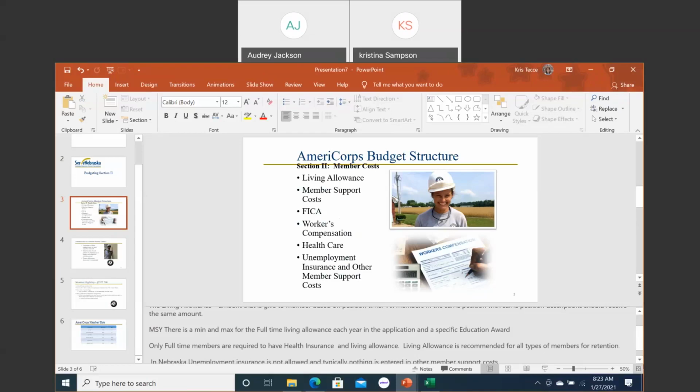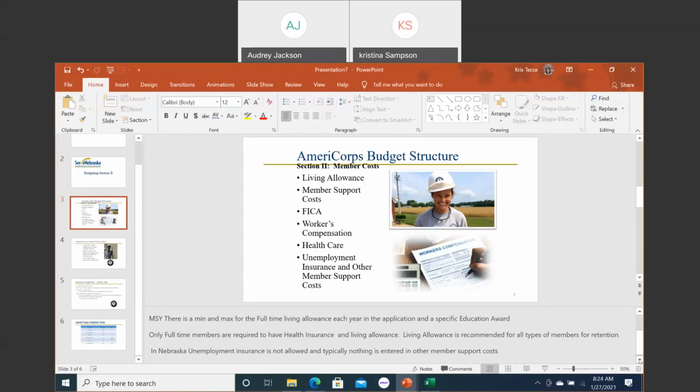So you need to make sure that you're looking at that as a recruiting tool. There's specific requirements about the health insurance, and there are certain providers that cater directly towards AmeriCorps programs that, if you are funded, you could look into as options that provide reasonably cost health insurance to fit the AmeriCorps program needs.